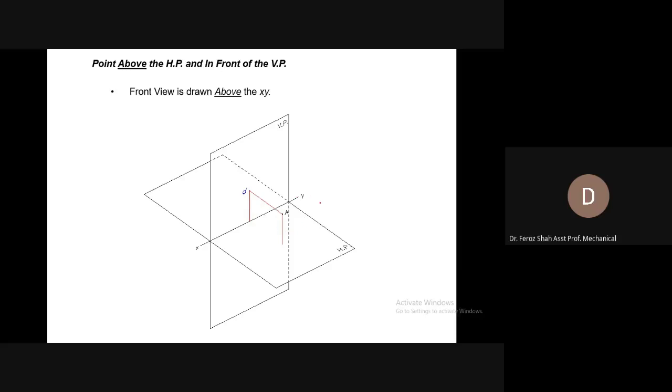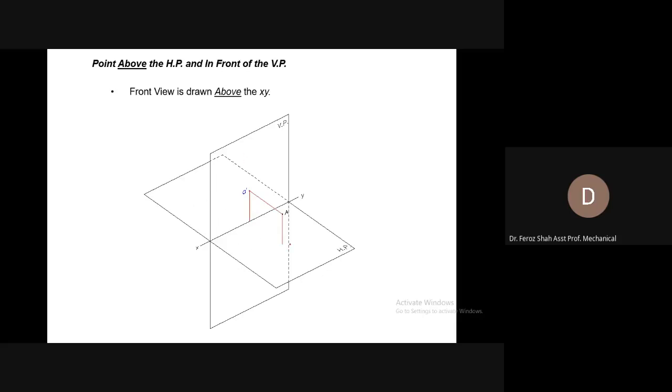So in three-dimensional space, for an entity lying anywhere in the three-dimensional space, we can refer to that entity with these reference planes, as well as draw the views of that entity on these principal planes. So generally we will have two principal planes of projection, that is the horizontal plane and the vertical plane.